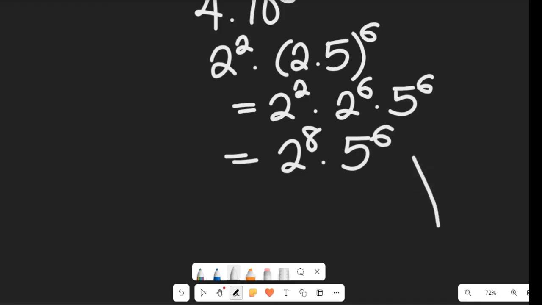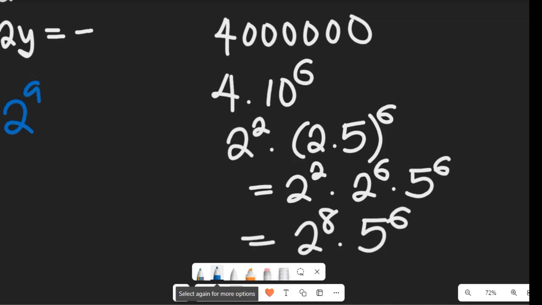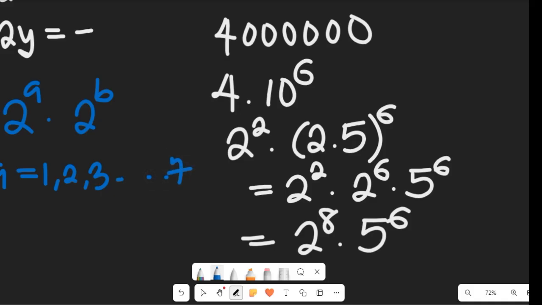If I blend this with the expression I have here, let me blend this to give me the expression 2 to the power of A multiplied by 2 to the power of B, with A being equal to this expression and B equal to this. That means the range of values of A can be 1, 2, 3, and 4 up towards 7, and I will have 7 numbers, right?